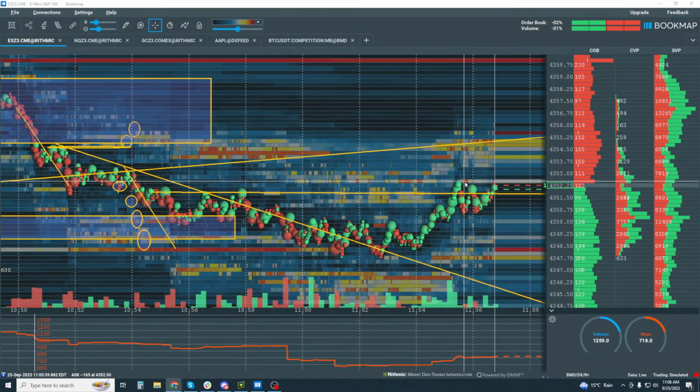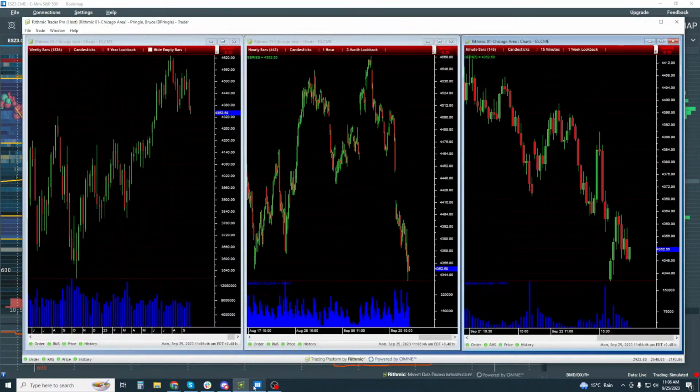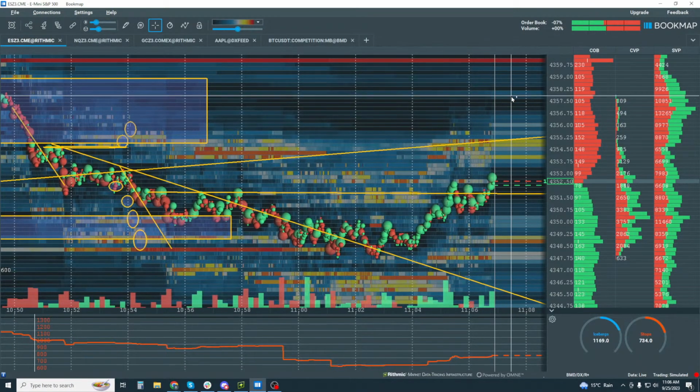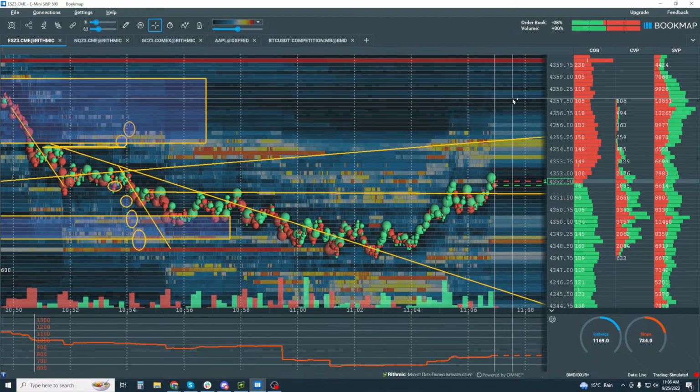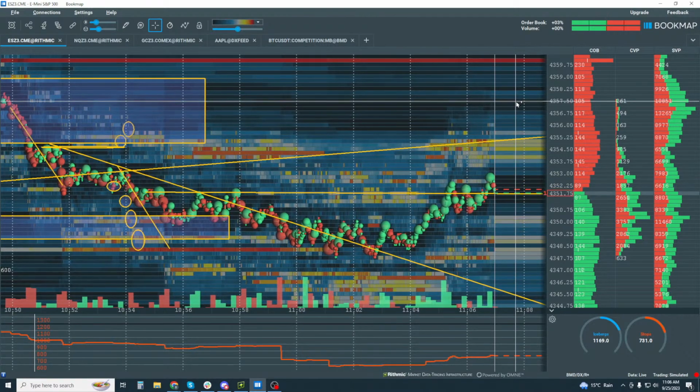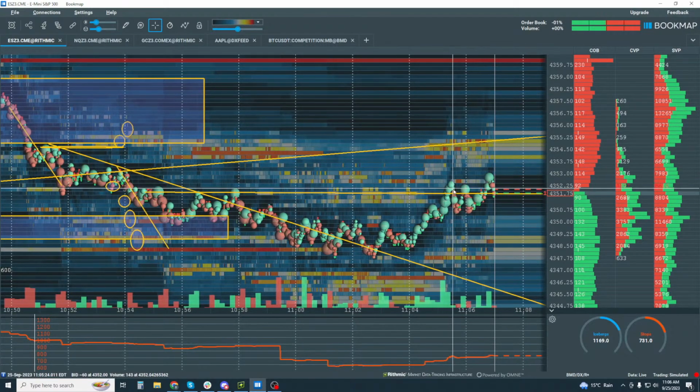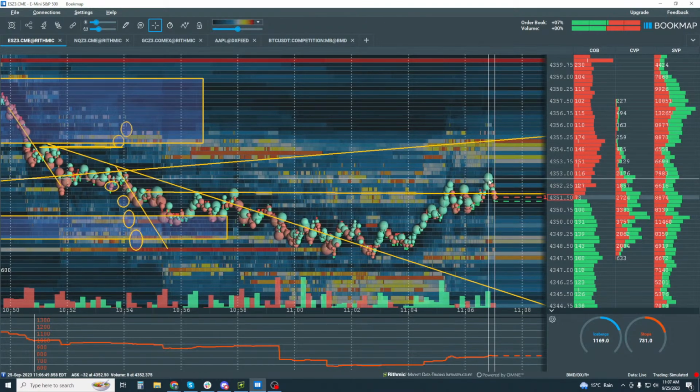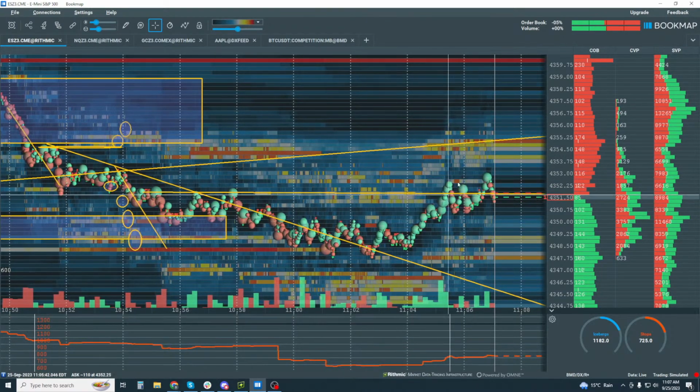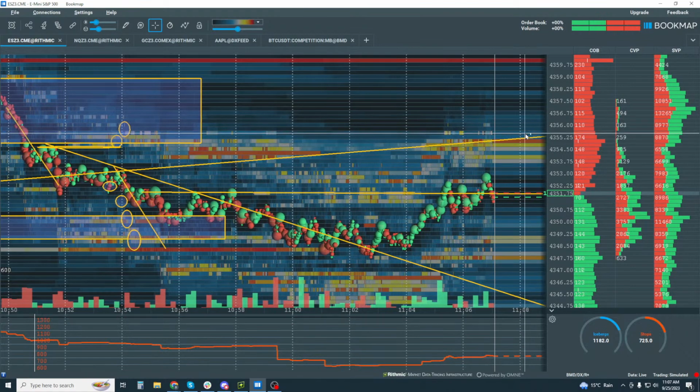I still like our higher time frame idea here, going with these ideas in here on the daily and our 15-minute. Okay, so the opposite, or if we do not get this continuation on the second leg here, so here's leg 1, pull back, leg 2, right?